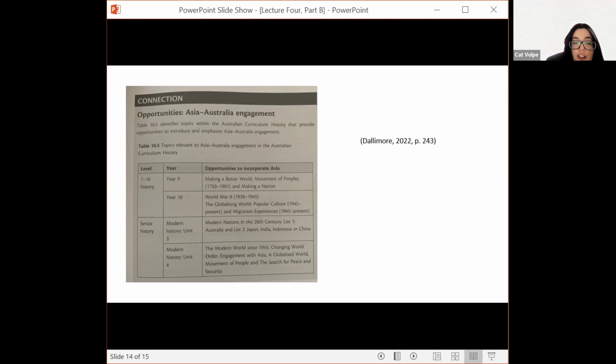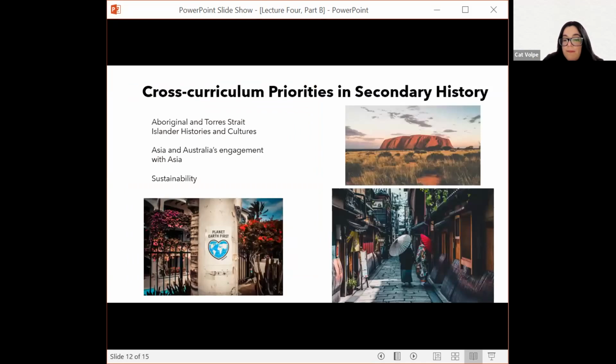And migration experiences, it may not be an option. So I can kind of see that it may not be present enough. It's not required enough. If it's a cross-curriculum priority, but yet the opportunities are optional, that could be kind of problematic as well. So going back to sustainability.